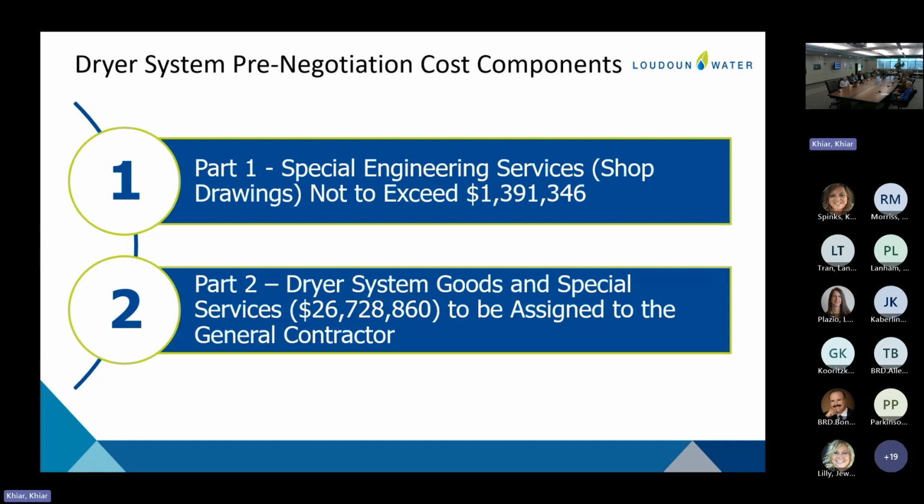So the second part here, the 26.7 million. What that buys is the complete dryer system. It's about 30 to 40 major components or subsystems. Just to give you a picture of the size, it represents over 30 full-size tandem truckloads of materials.